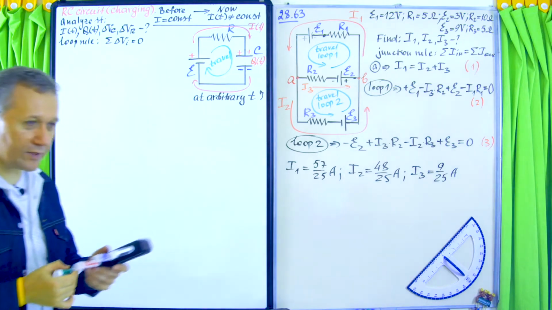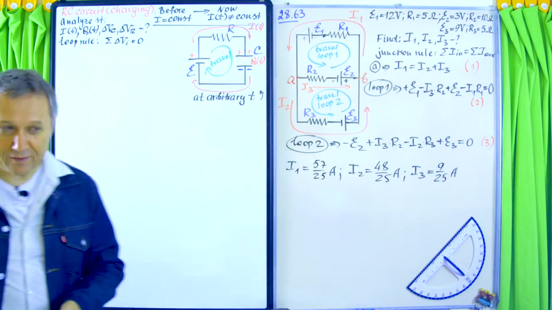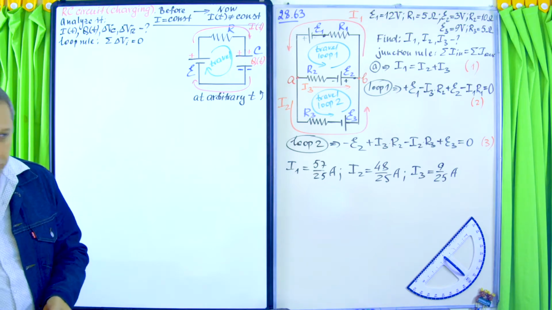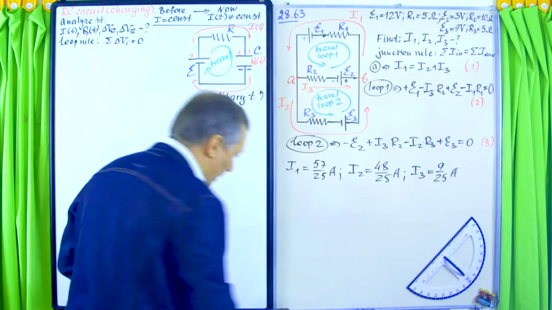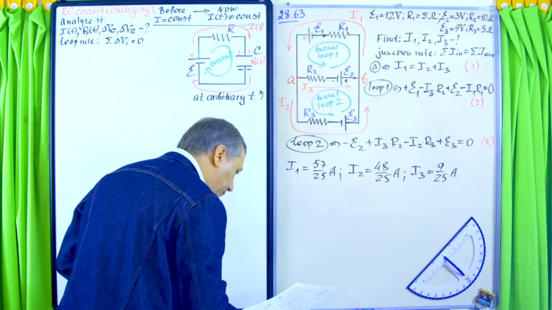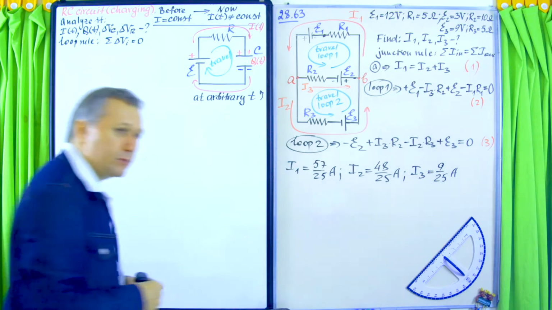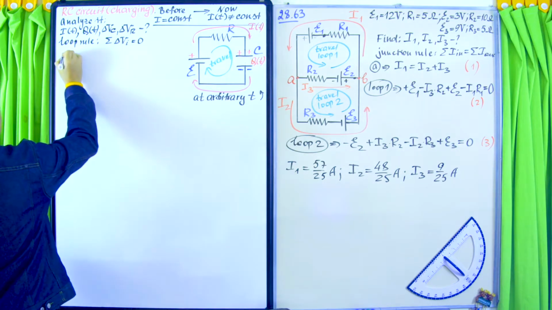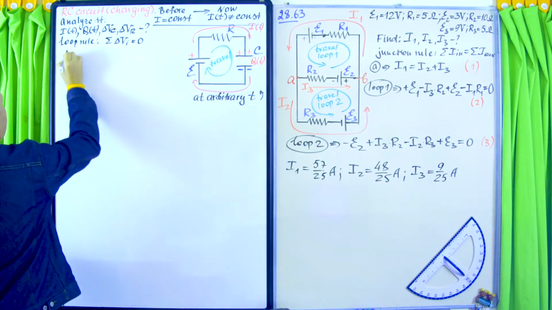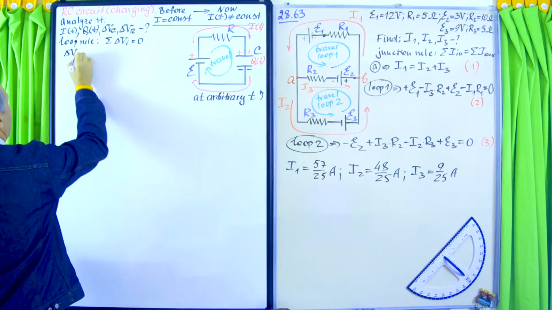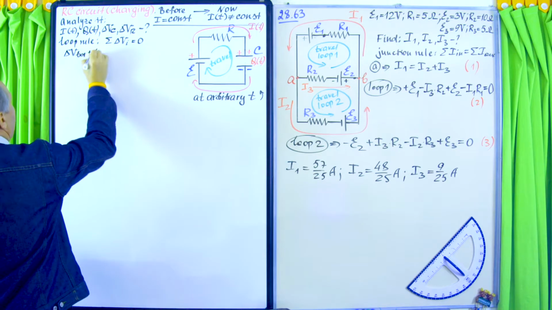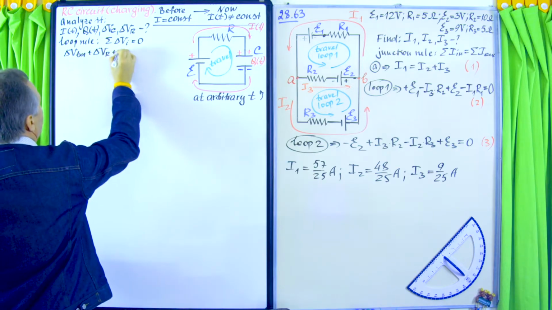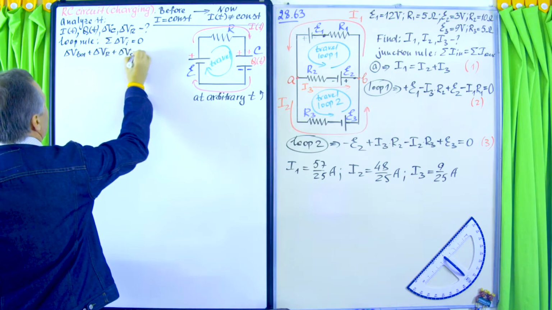Okay, so now we're all set to start writing the loop equation. Let me check if I mentioned everything. Yeah, now it's time to start writing the equation. First, I will write it just in general: delta V of the battery plus delta V across the resistor plus delta V across the capacitor equals 0.